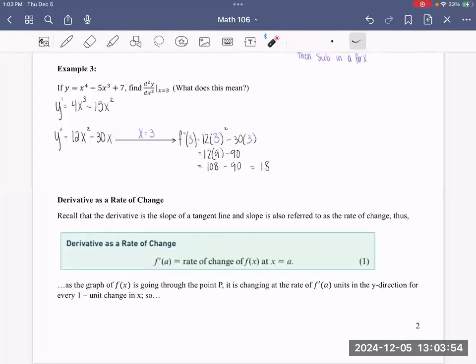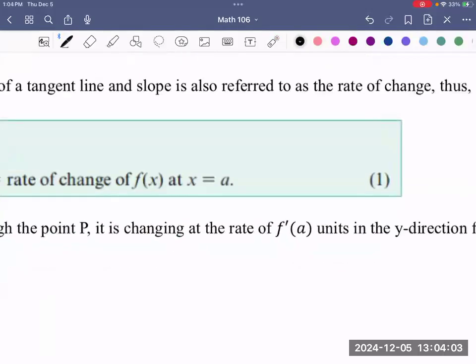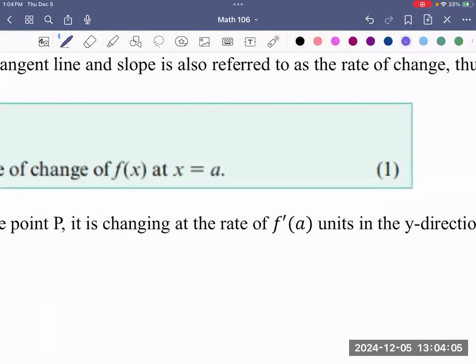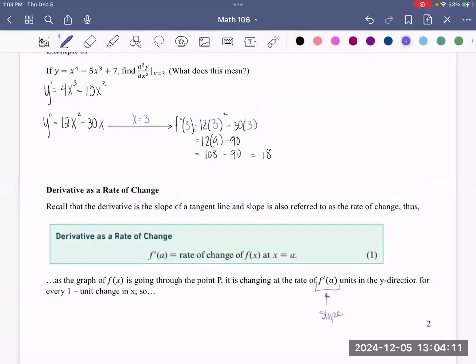As the graph of your function, f of x, is going to the point P, it is changing at a rate, and that is your slope. This is just another way to say that this is the slope. So it's changing at the slope in units in the y direction for every 1 unit change in x. Notice that it emphasized the every 1 unit change in x.